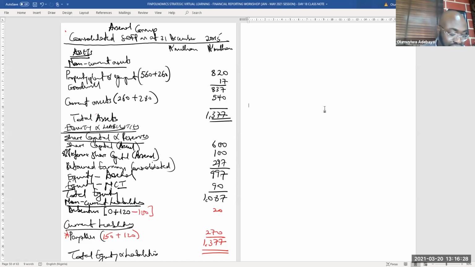Okay, the final adjustment we are going to use to wrap up is dividend. And I'll give you an illustration that will assist us. Any question before we move further?